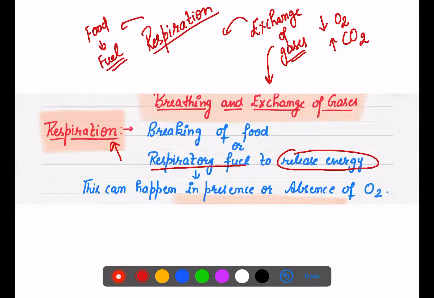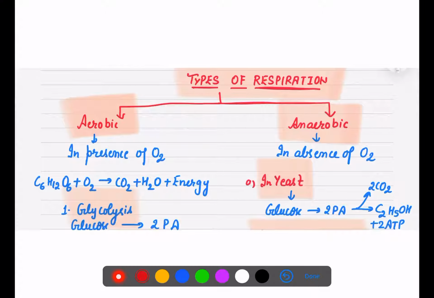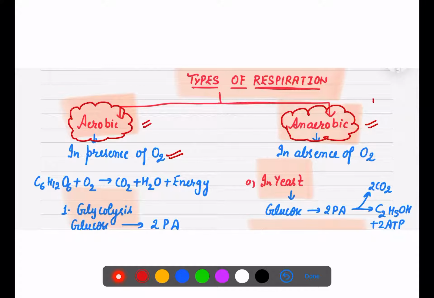Now we already discussed that respiration can happen in the presence as well as in the absence of oxygen. So on the basis of oxygen, respiration is of two types, aerobic and anaerobic. If the respiration occurs in the presence of oxygen, it is known as aerobic. If it occurs in the absence of oxygen, we call it anaerobic.